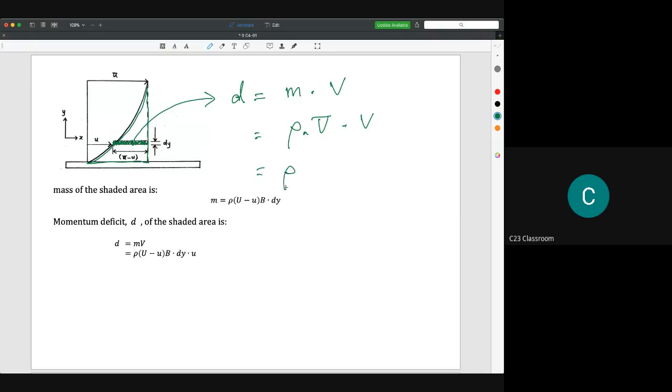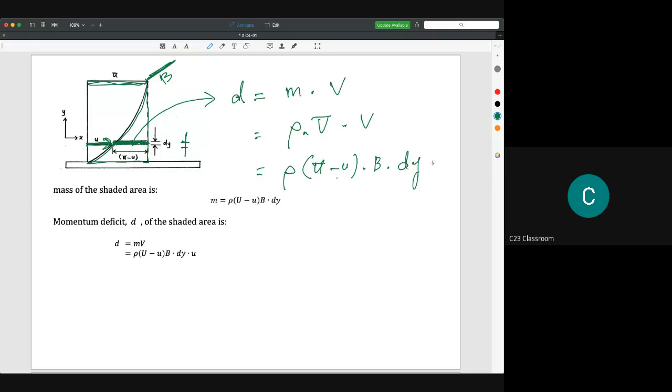The volume here is, the total length is capital U, and the length of this one is small u, so the length of this strip is capital U minus u, and we need to multiply with b. b is actually the width of this one. Then we multiply with the thickness of the strip, so that's why we multiply with dy here.